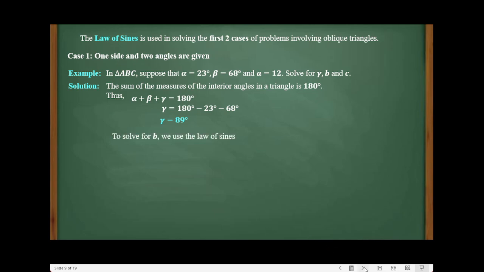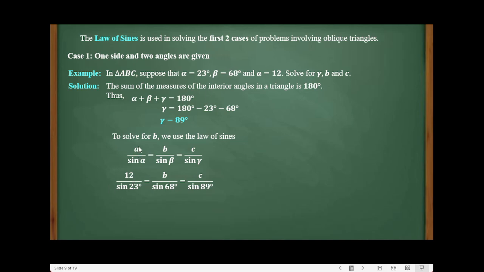Now, to solve for side small letter b, we use the law of sines. This one. And we simply take away one of the three ratios here. So let's just substitute the given measures to this formula.